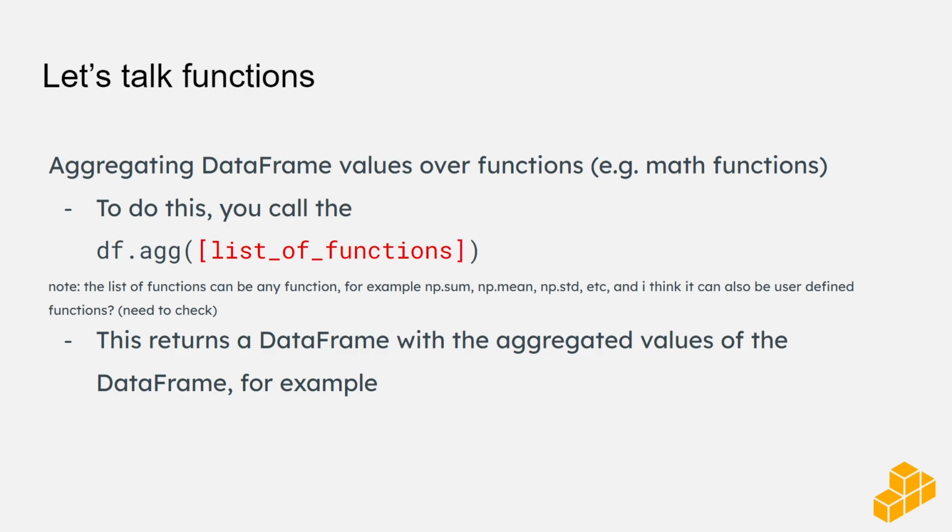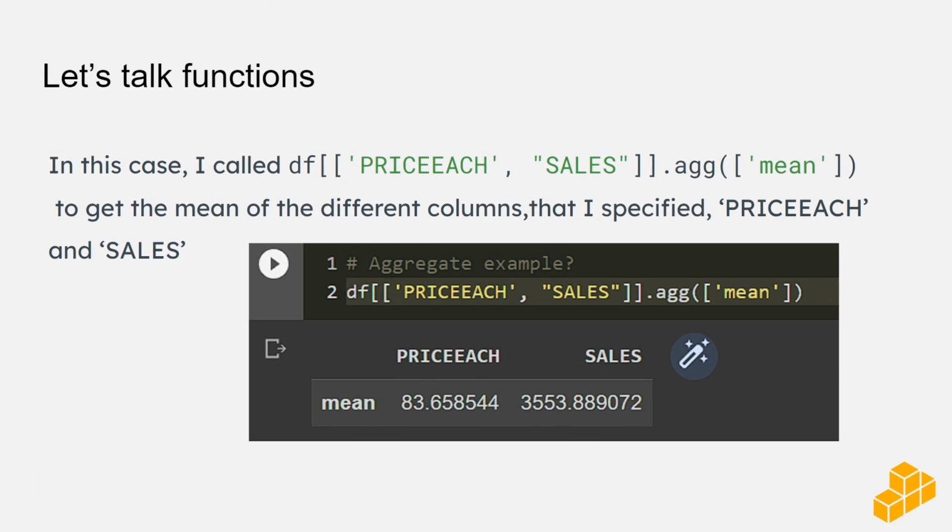So in this case, if I call df, I want to find the mean of both my price each and sales. I put it as a list; your price each and sales must be in a list format. And then I want to aggregate mean over these two columns, so I find the mean of both these columns.